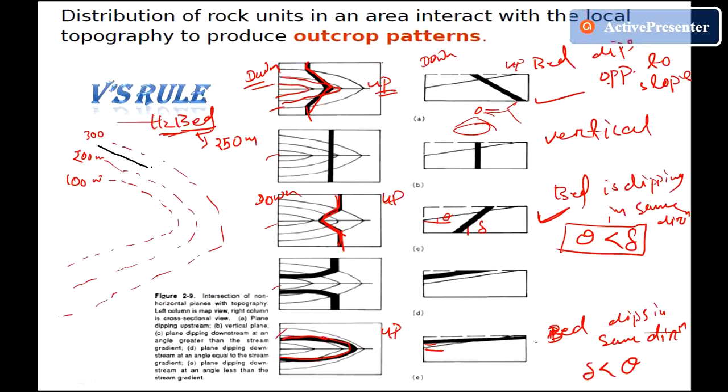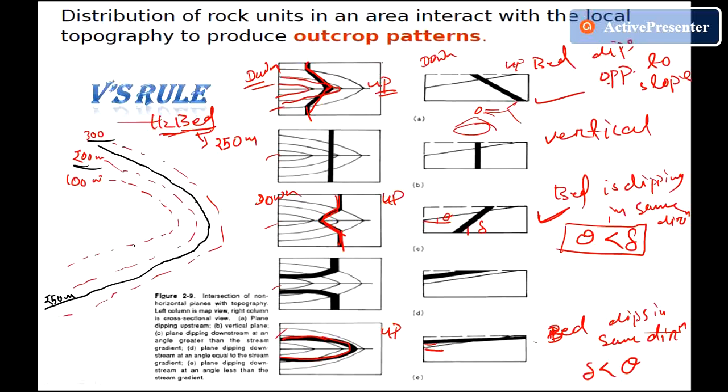It will go exactly parallel to the contours. It will not intersect the contours as it is having 250 meter elevation, right? So as you can see, I have plotted it in between the 200 meter and 300 meter contours, and it is not intersecting any contours.